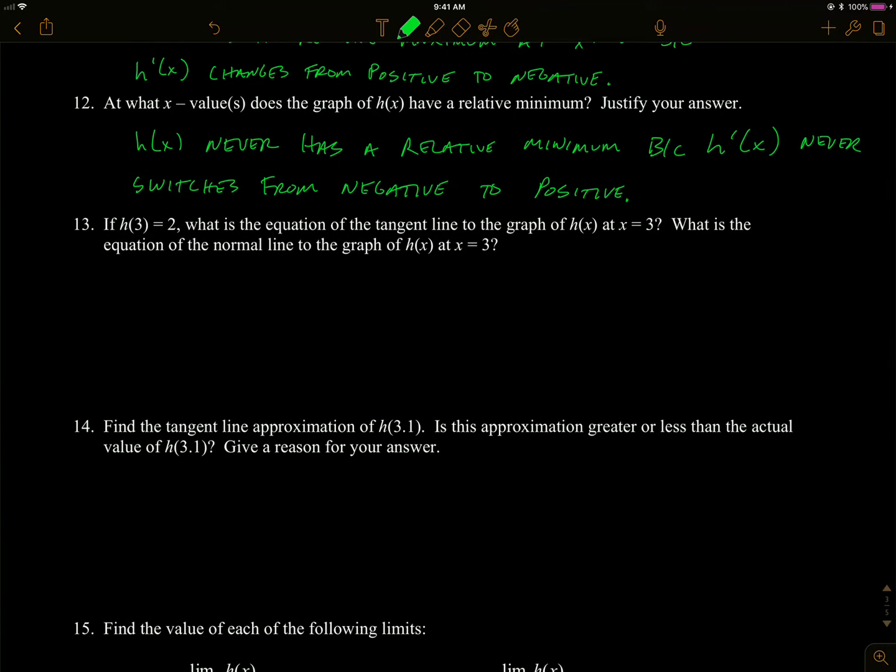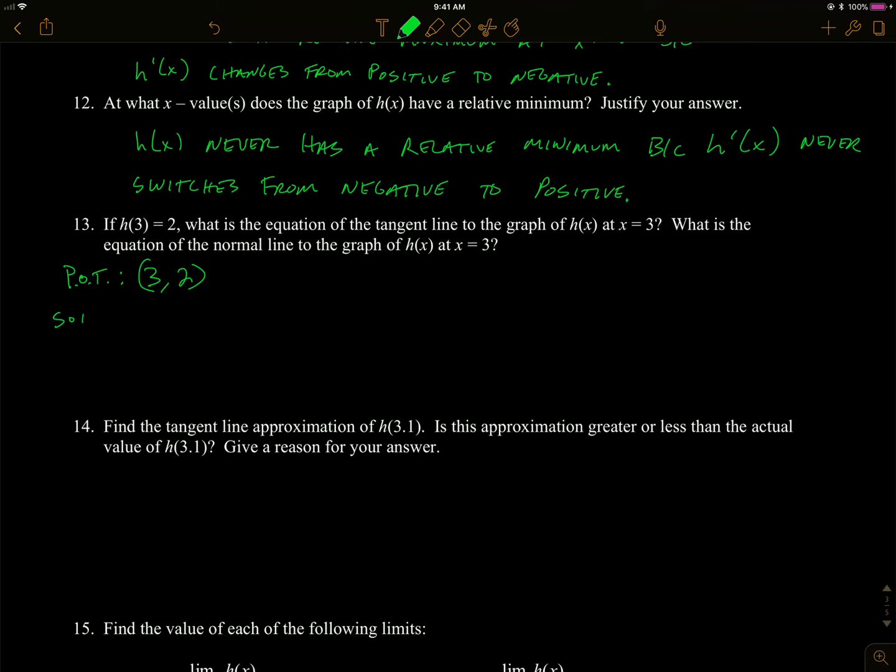Okay, if h of 3 equals 2, what is the equation of the tangent line to the graph at x equals 3? What is the equation of the normal line? I'm going to save a little bit of writing. You shouldn't abbreviate with point of tangency like that; you should write it out. But I'm going to save a little bit of space here. So the point of tangency of the tangent line is (3, 2).